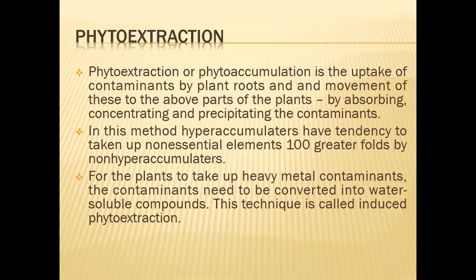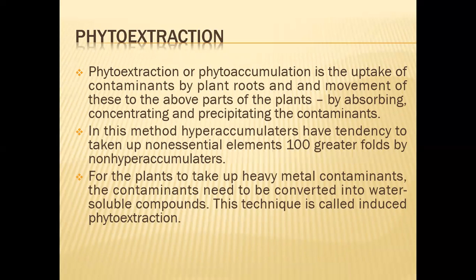In these slides, we discuss the other methods that use plants for the removal of heavy metals, not from wastewater but from contaminated soil. Phytoextraction or phytoaccumulation is the uptake of contaminants by plant roots and movement of these to the above parts of the plants by absorbing, concentrating, and precipitating the contaminants.